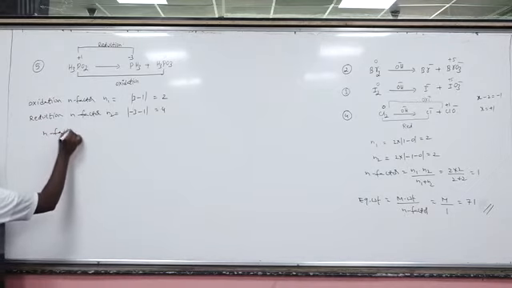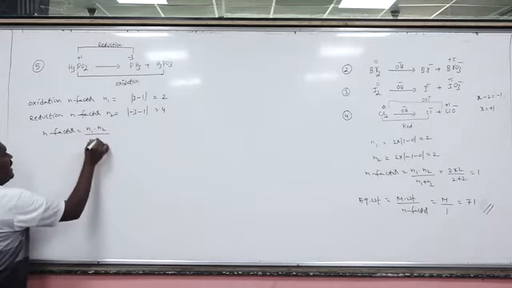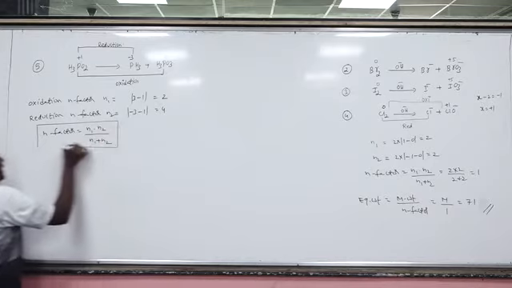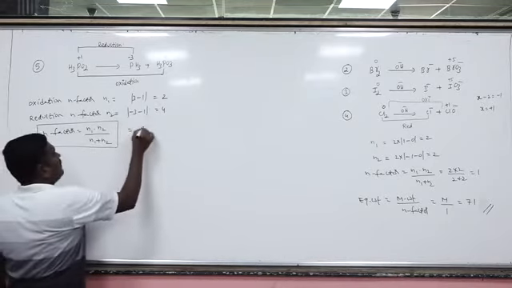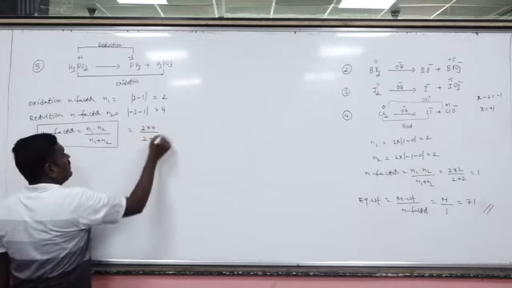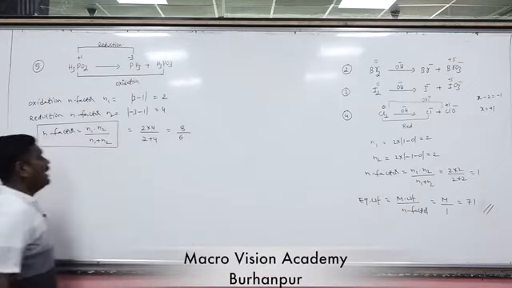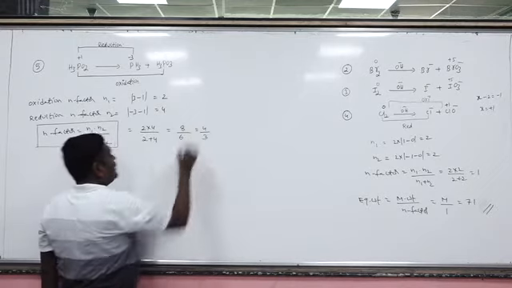N factor formula N1 into N2 by N1 plus N2. This is very important, only for disproportionation reactions. So N1 is 2, N2 is 4: 2 into 4 by 2 plus 4. 2 4s are 8, 2 plus 4 is 6.